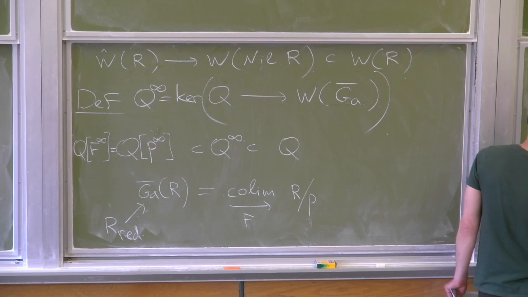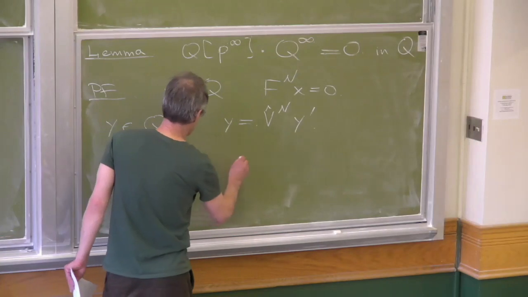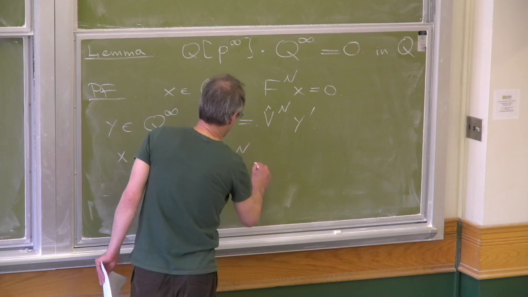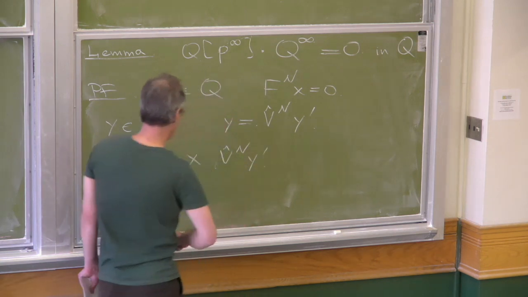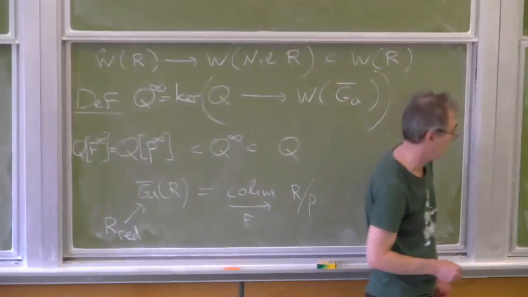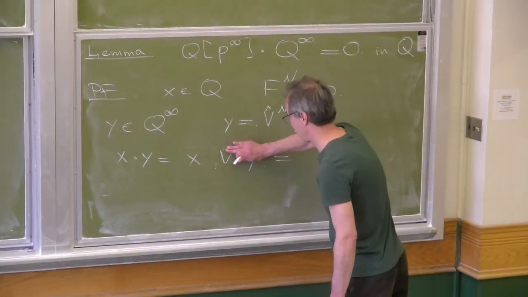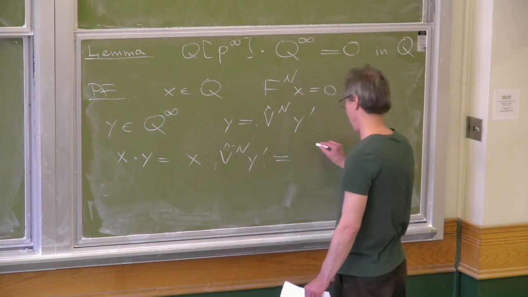Okay, so now let's compute the product. This is equal to x times Verschiebung of y prime. Now let's use the projection formula, though I'm not sure this is the standard name for it.